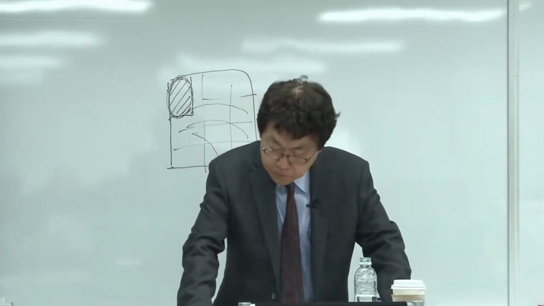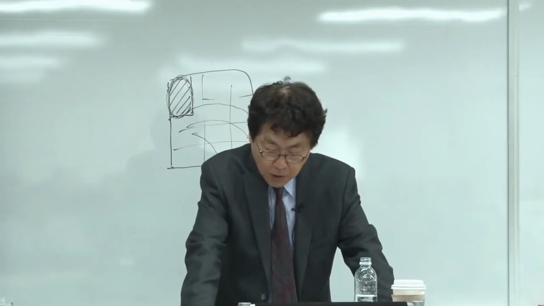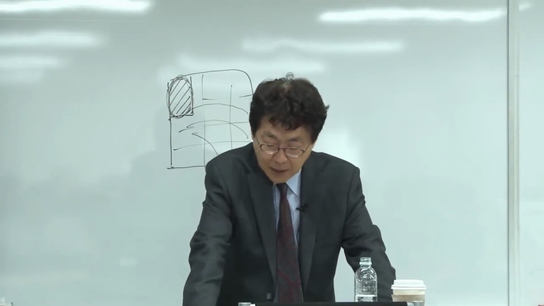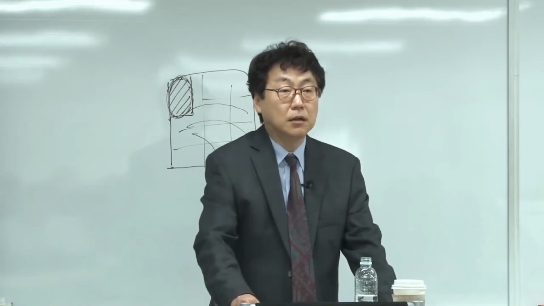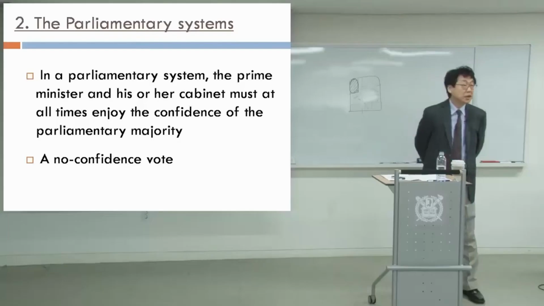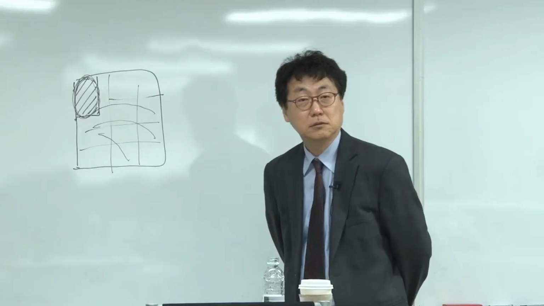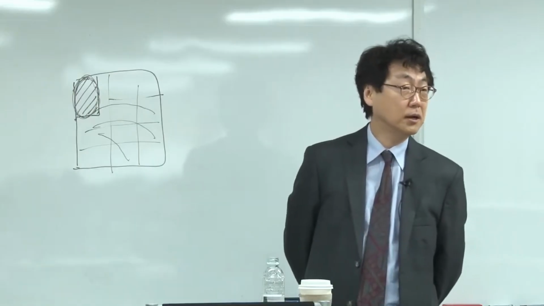Okay? No confidence motions are typically introduced by the parliamentary opposition in the hope of bringing down the prime minister and the cabinet. Well, the main goal of political parties is to, well, get into power, right?